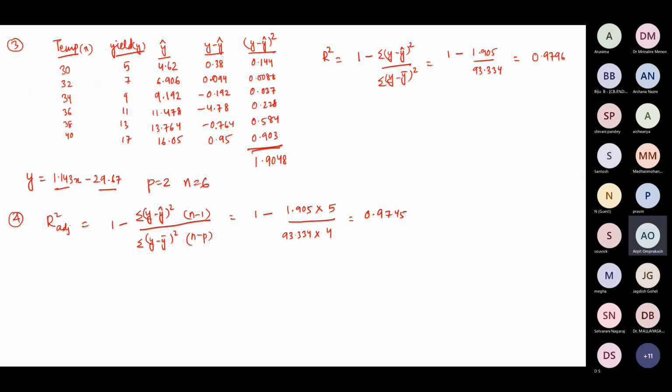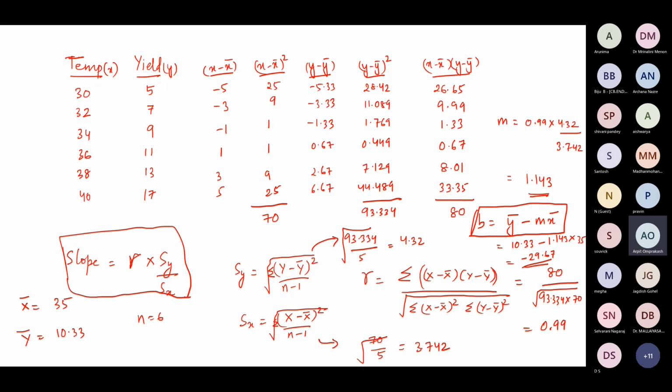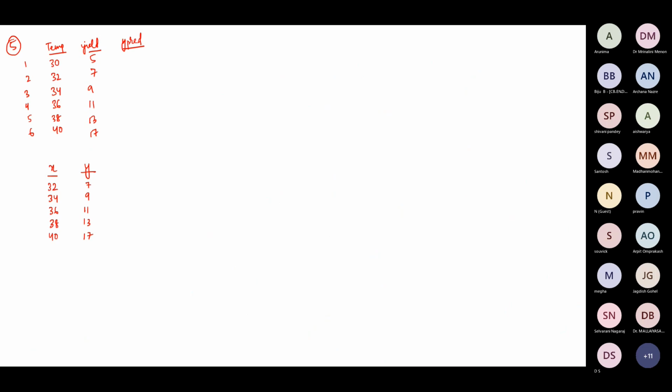Again, like we calculated before, we need x minus x bar, y minus y bar, x minus x bar whole square, y minus y bar whole square, and then x minus x bar into y minus y bar.